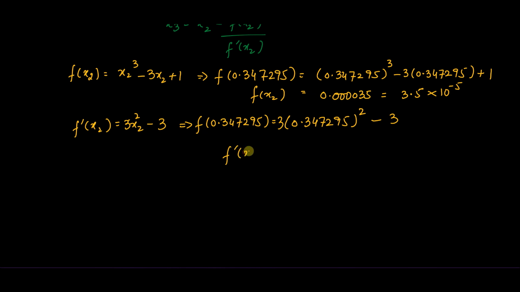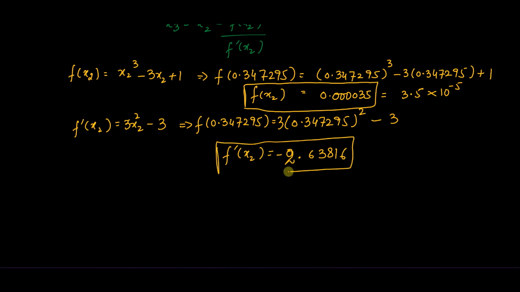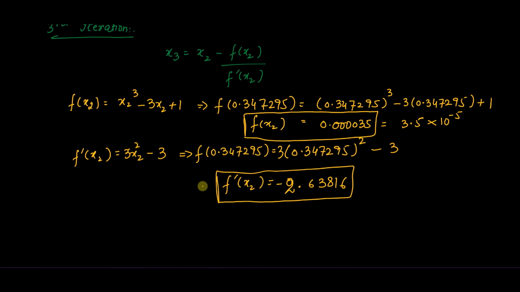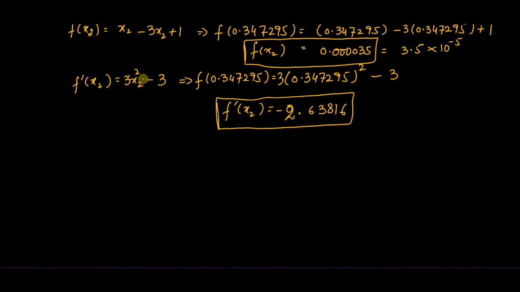After solving, we will get negative 2.63816. So now we are going to substitute this value and this value back into the formula of the NR method, that is the customized formula according to the third iteration, at their respective places.